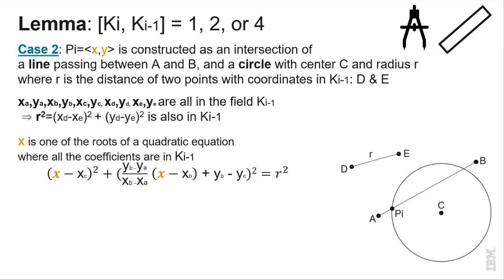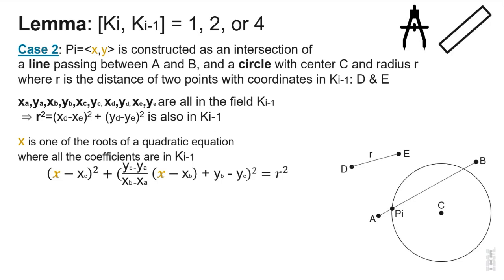Okay. So now the x coordinate of the intersecting point P_i. It just happens to be the equation of how you can find it. You have to trust me on that. But the important thing here is that this is a quadratic equation, right? It has x squared there somewhere, and all the coefficients, all the values that you see here, are constants, which are already known and available in K_{i-1}.